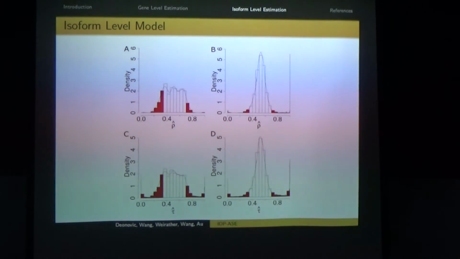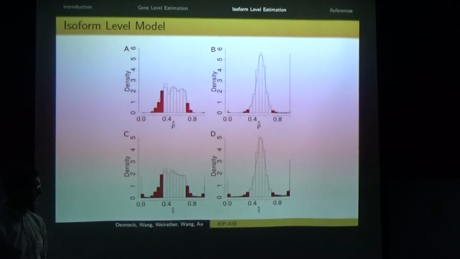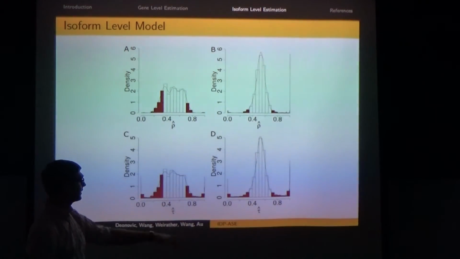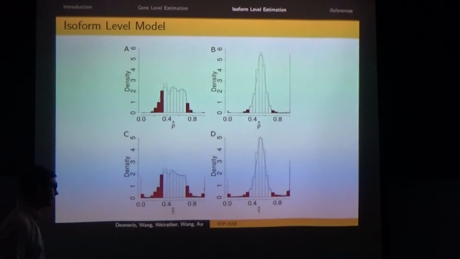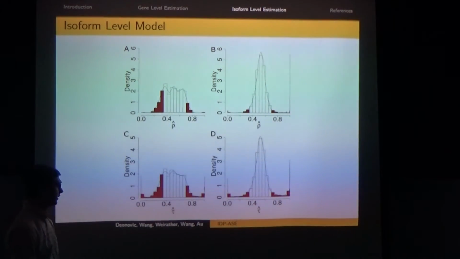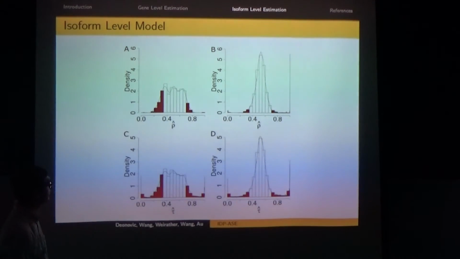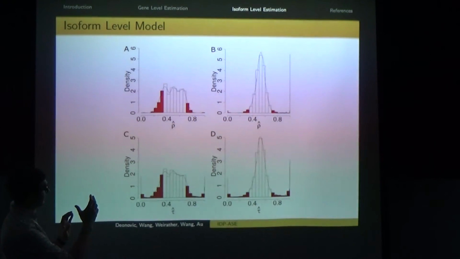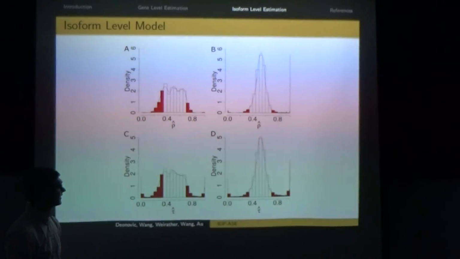Here are density plots from, in this first column, the MCF7 cell line data, and in the second column, the human embryonic stem cell data. On the top, we have the gene level rho estimate. On the bottom, we have the isoform level tau estimate. You can see here the difference between the breast cancer cell line and the human embryonic stem cell line.